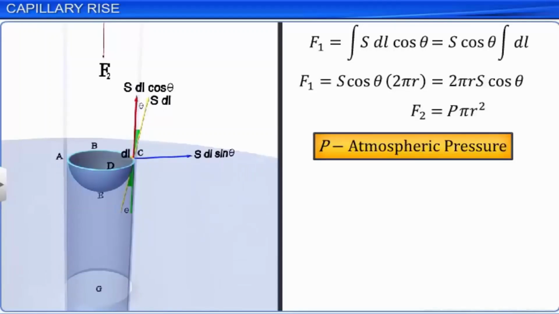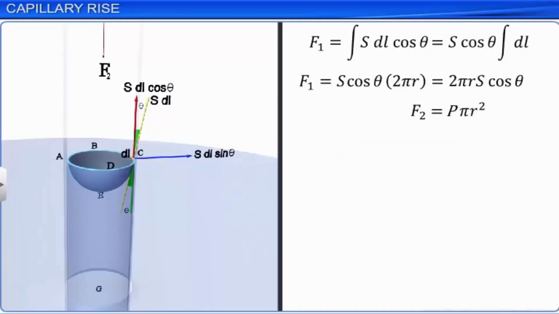Therefore, the force due to the pressure of the liquid below point G, which is F3, is also equal to P into pi r square. But this acts vertically upwards. As the magnitudes of forces F2 and F3 are equal and their directions are opposite to each other, they get cancelled.